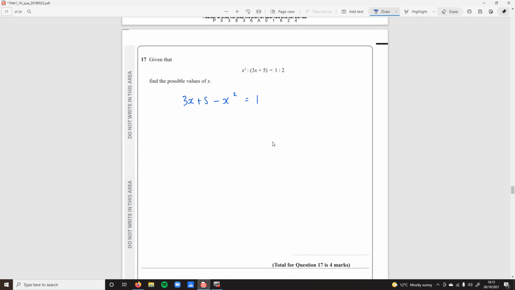Or actually, no. Sorry, forget that. X squared equals 2 lots of 3x plus 5, right? Or 2 lots of x. 1 to 2.